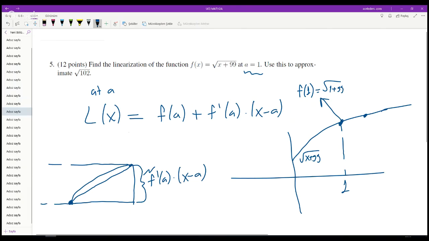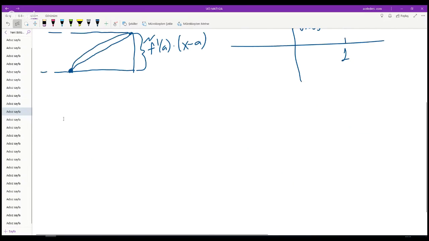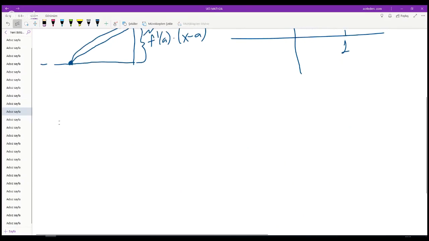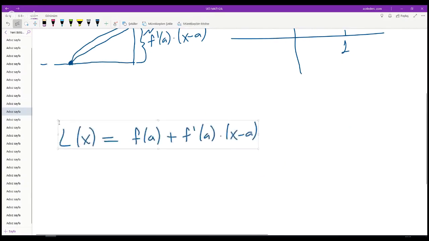As you can see, this is an approximation. This is not the exact value of square root of 102. This approximation will be better as long as I am close to the point of which I would like to find the value.